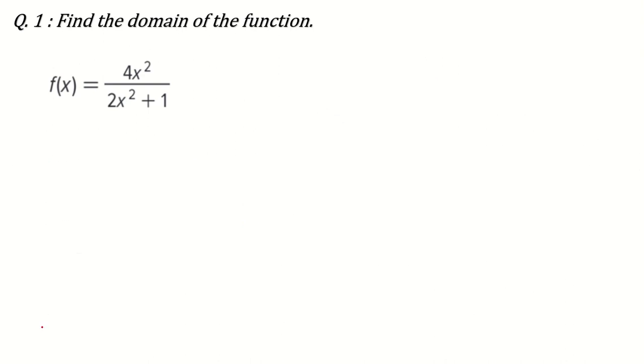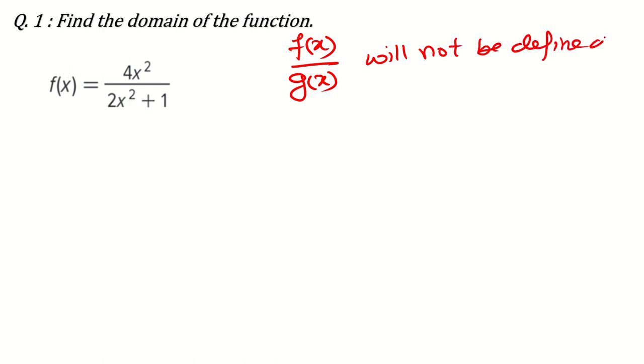If we have any function of the type f(x) over g(x), then this function will not be defined if g(x) is equal to 0, and that is quite obvious. You have heard many times that if the denominator is 0, then the function is invalid or cannot be defined.